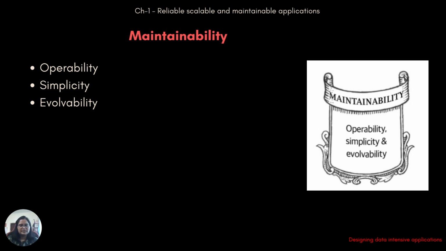Simplicity makes it easy for new engineers to understand the system by removing as much complexity as possible. Evolvability makes it easy for engineers to make changes to the system in the future, adapting for unanticipated use cases as requirements change.